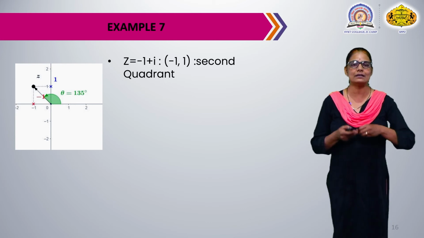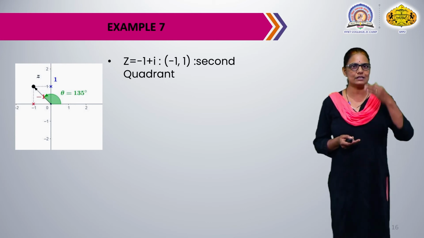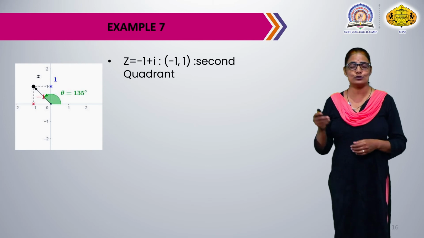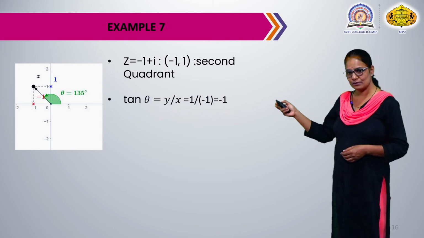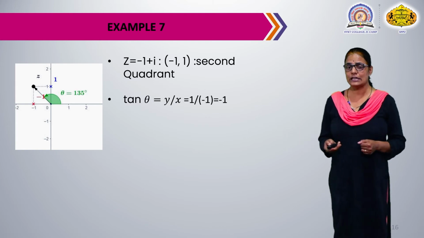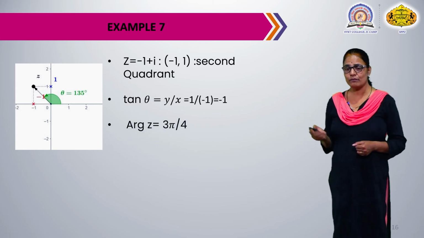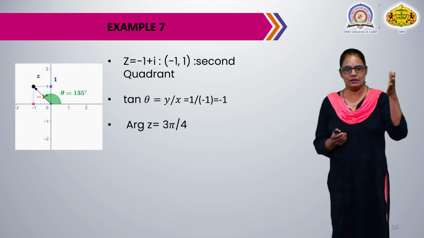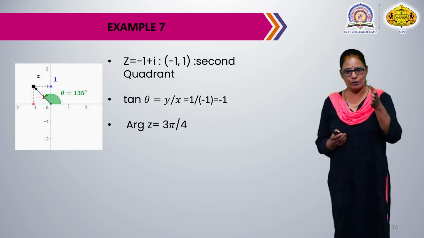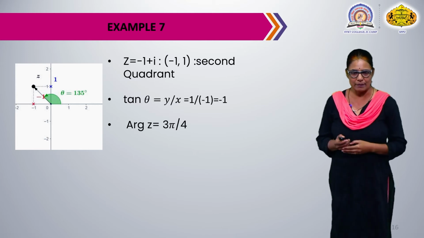So now find tan theta. Tan theta equals y upon x, just put the values. So we get tan theta equals 1 upon minus 1, which is minus 1. So directly we can write theta is minus pi by 4, but that is wrong because the point is in the second quadrant. So how is it possible that theta equals minus pi by 4?